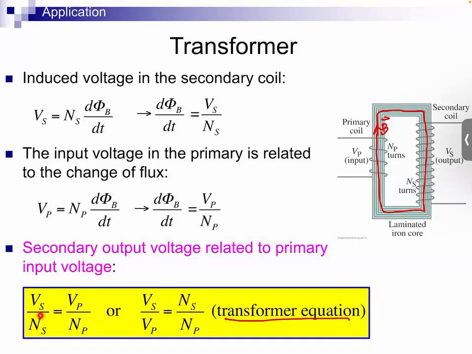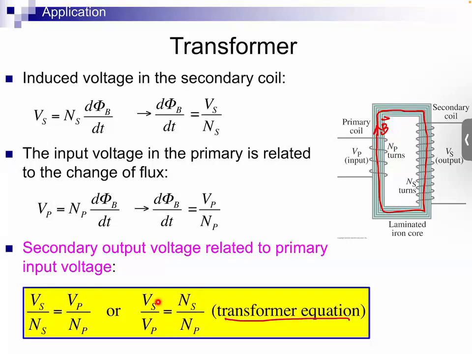We have that equation as a consequence of the change in flux being equal. Or we can rearrange this equation and collect all the voltage terms on one side, so you have Vs over Vp, and on the other side, the number of turns, Ns over Np.